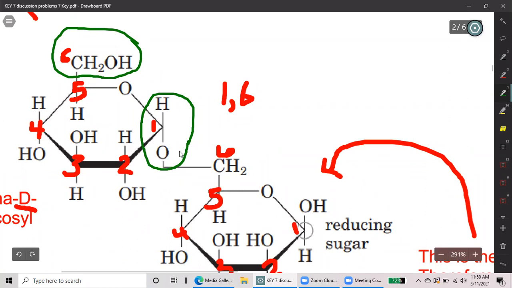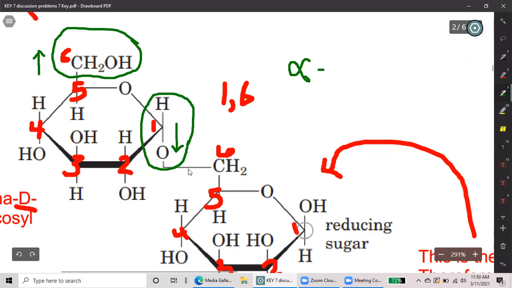So that's the one we care about. And we see that it is facing downwards. And we look at carbon number 6, that one is facing upwards. So these guys are opposite. They're trans, so this is alpha. Okay, and that's how you do that.